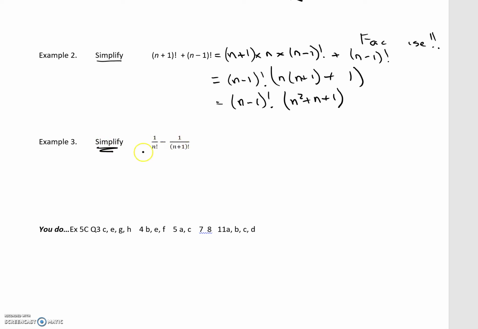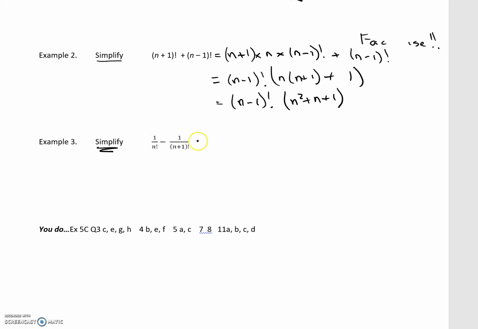With example 3, you can see we're simplifying again. When we look at that, we see we've got some fractions, yes, and within the fraction there's this added complication of it being a factorial. But more importantly, it's a subtraction of fractions. So again, we use rules that we've previously learnt about simplifying algebraic fractions, the subtraction of algebraic fractions, which would require a common denominator.